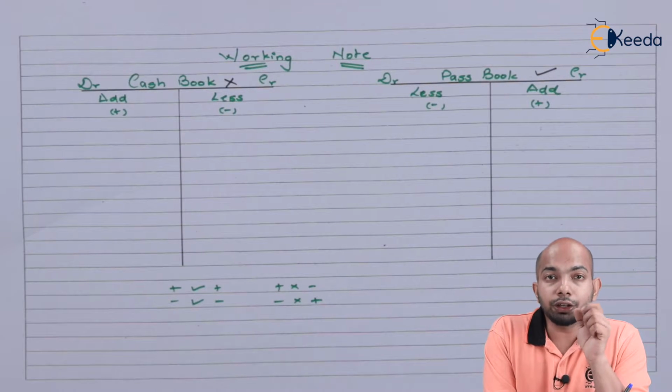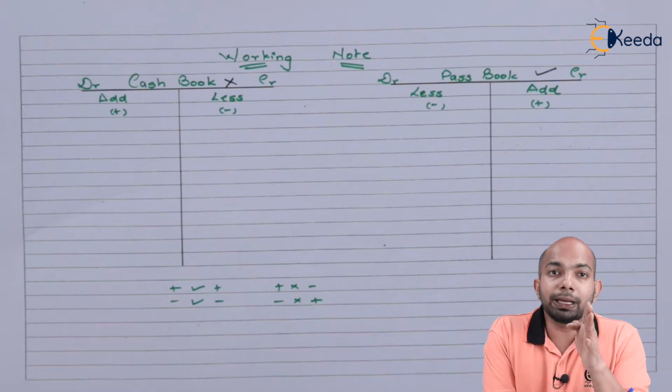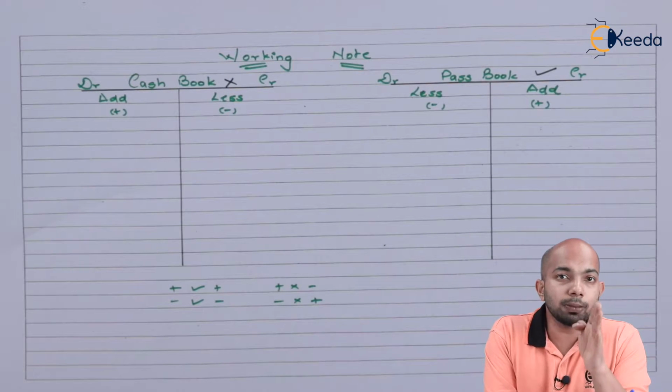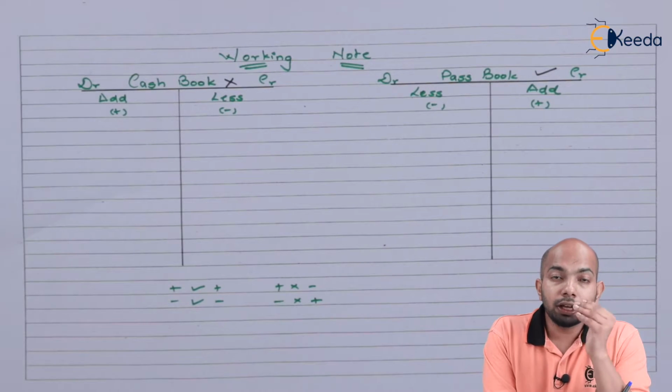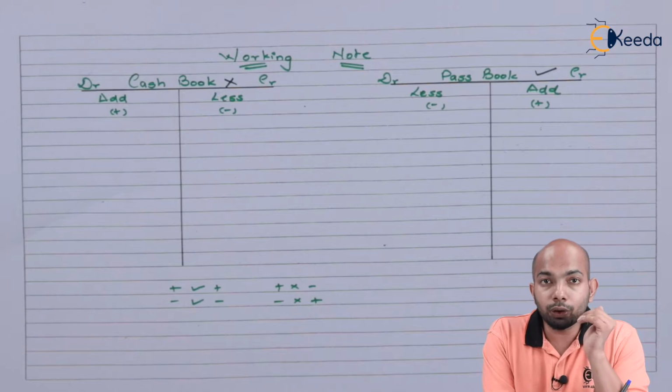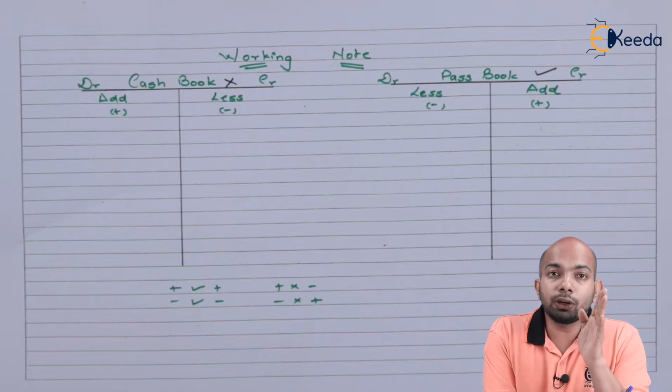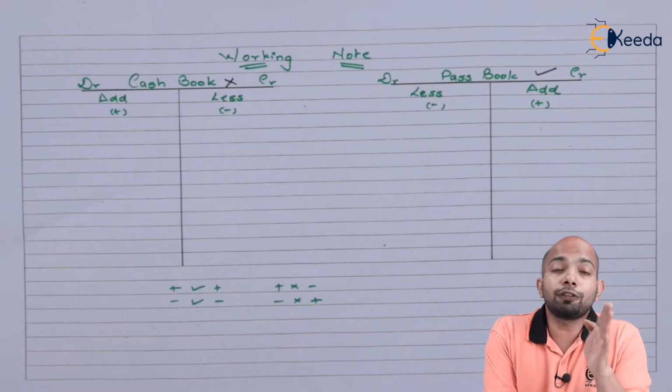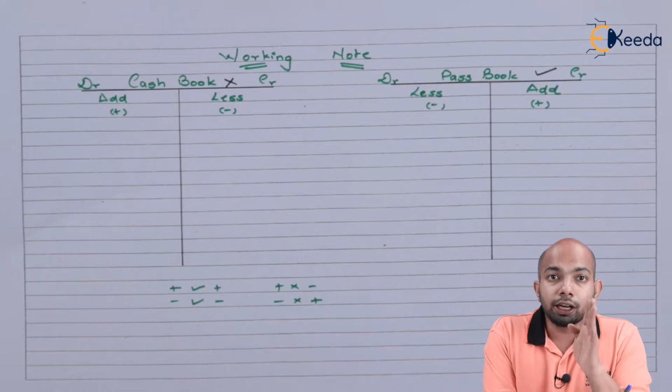Now, whenever you're talking about the passbook, if this is what you're doing, that means this instance was first recorded in the cash book. Hence, we are not supposed to take it that way. If you do it the way we just taught, the sum will be wrong, because that is the criteria of unfavorable balance, where you take the first effect into consideration.